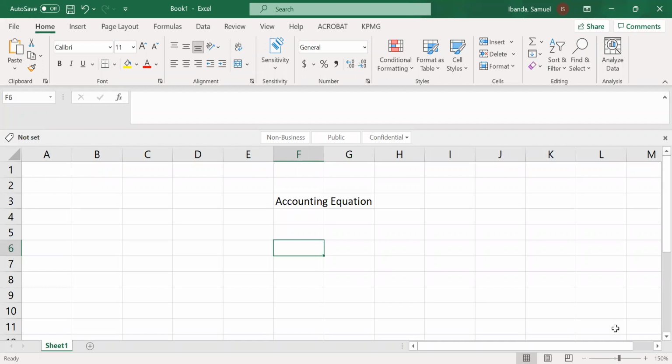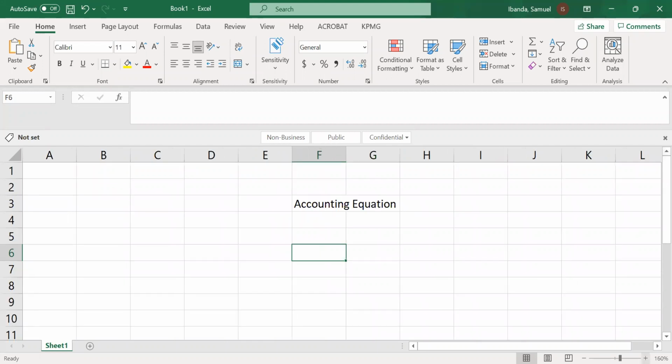Basically, the accounting equation comes in to show us how each of the different transactions is affected by the accounting equation. So that is exactly why we use the accounting equation. To demonstrate this, I want to use one question here.